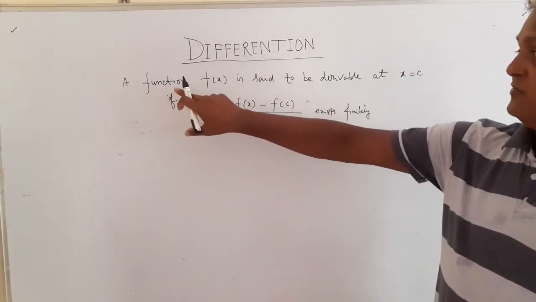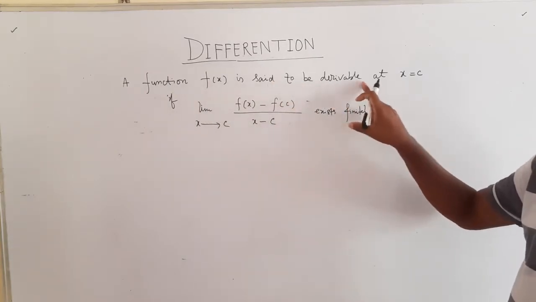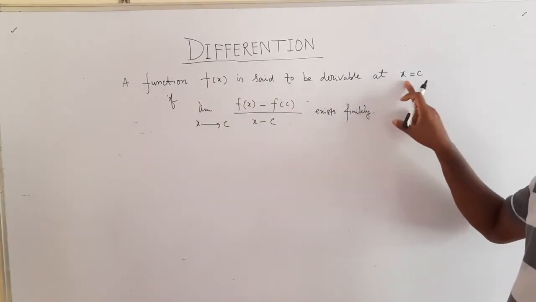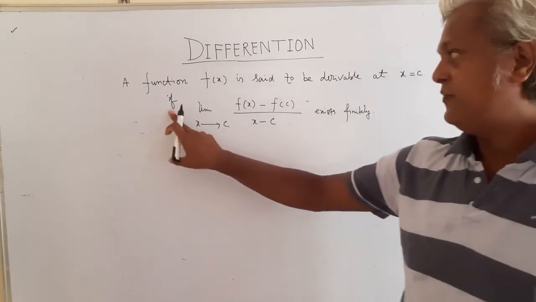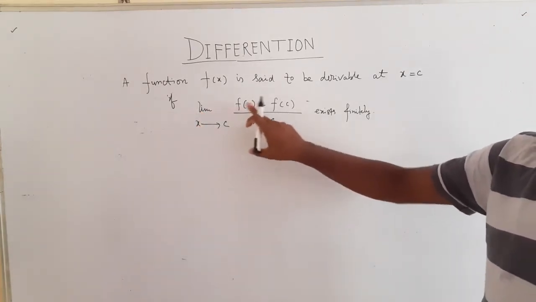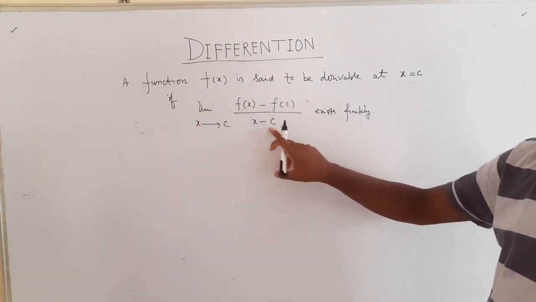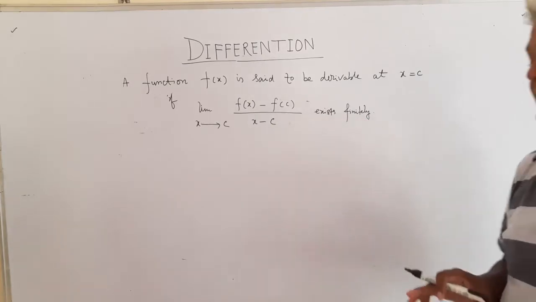So a real valued function f(x) is said to be derivable or differentiable at x equals c if the limit as x tends to c of (f(x) minus f(c)) over (x minus c) exists finitely.